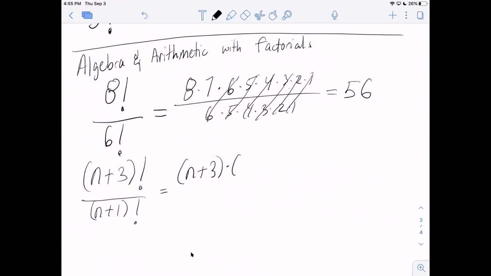So it'd be n plus 3 times n plus 2 times n plus 1 times, what will be after n plus 1? Just n plus 0, so just n, right? What about after n? N minus 1. We just keep dropping 1 off from n.